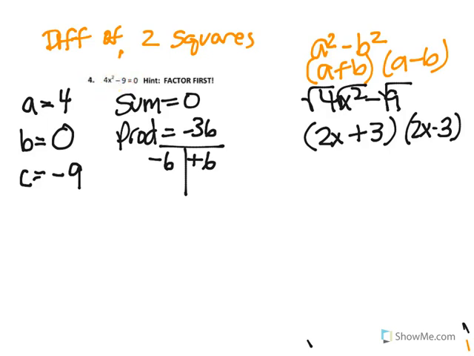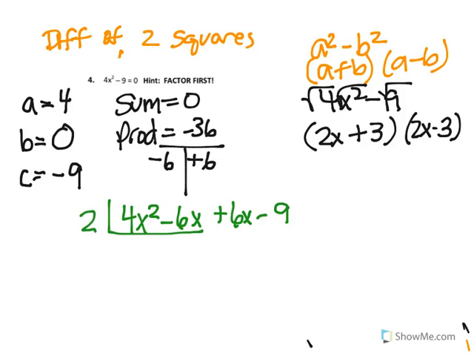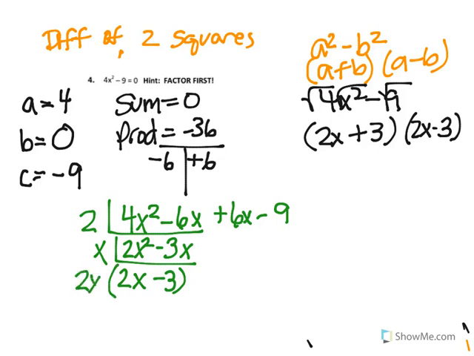Watch. I'm going to do it in green. Let's say we have 4x squared minus 6x plus 6x minus 9. Upside down division. Take out a 2, and so we have 2x squared minus 3x, and then take out an x, so we have 2x minus 3, 2x out here, and now upside down division here.